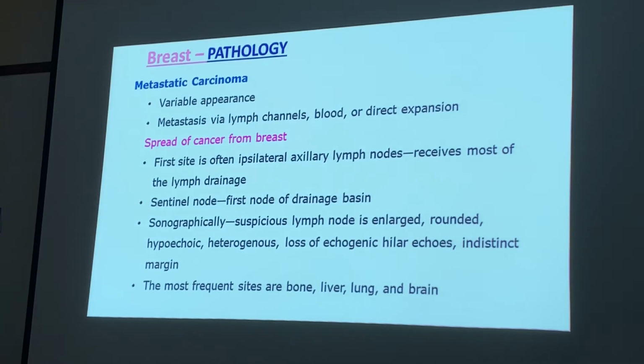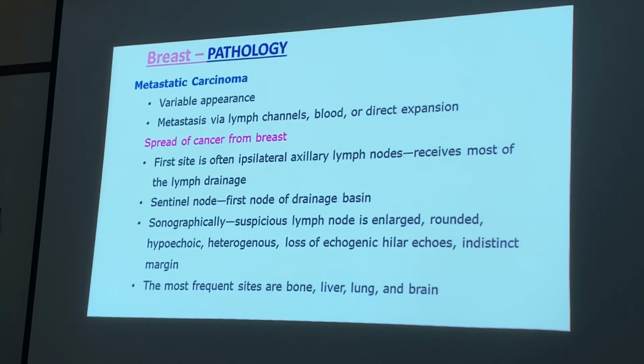The first site is often the ipsilateral axillary lymph nodes, same side lymph nodes. That's going to be the first site of metastasis for breast cancer. Of course, those are the most nearby and receive most of the lymph drainage. We talked about that. Sentinel node, the first node of the drainage basin.